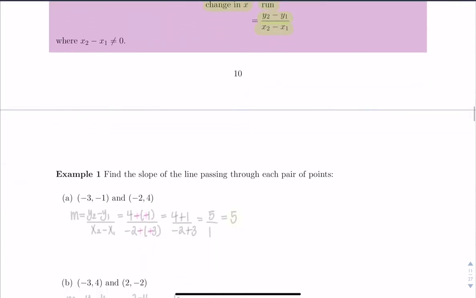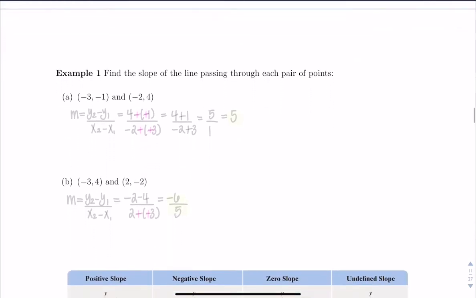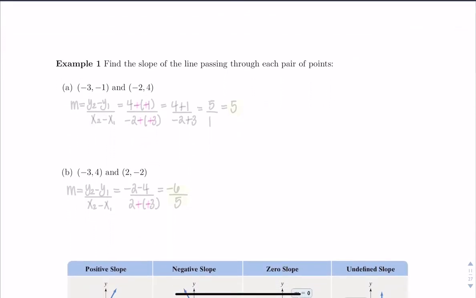So let's go ahead and use this formula to find the slope of a line through the 2 points. For the first one, it's (-3, -1) and (-2, 4). So let's plug into our formula. m equals (y2 minus y1) over (x2 minus x1). So this is just 4 minus -1 all over -2 minus -3.